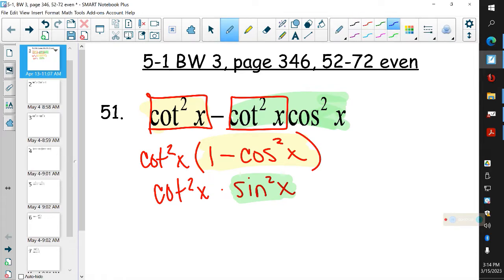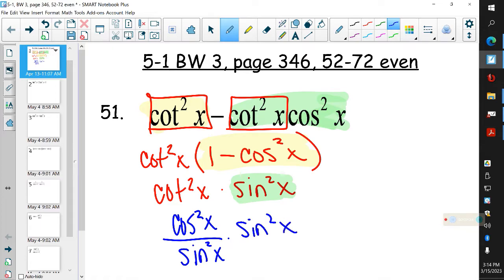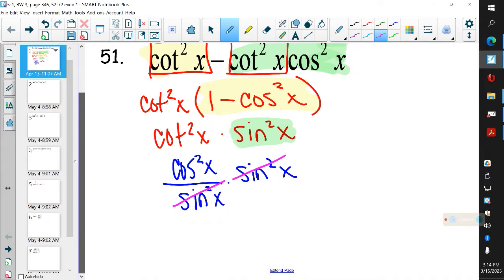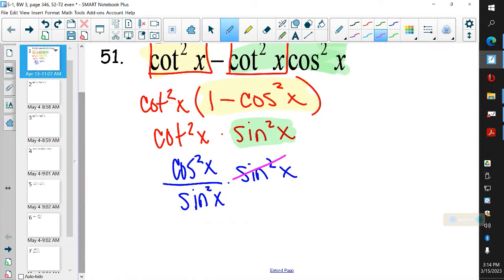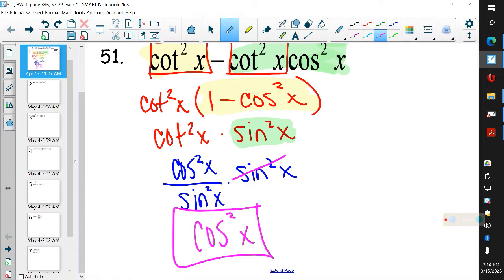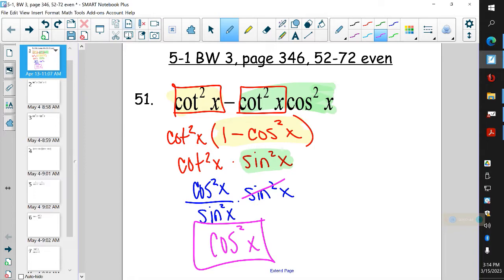So the cotangent squared becomes cosine squared of x over the sine squared of x, and then I'm multiplying that by the sine squared of x. Sine squareds cancel, and I am left with a cosine squared of x, and that is done. Okay? So that is how you do problem 51.